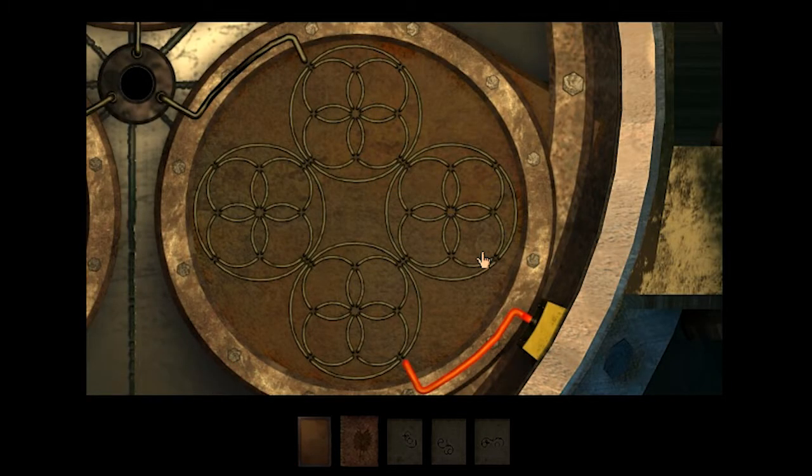But we'll try it. Nature encourages mutual dependence. So let's do nature. And it seemed to go all the way over the bottom.